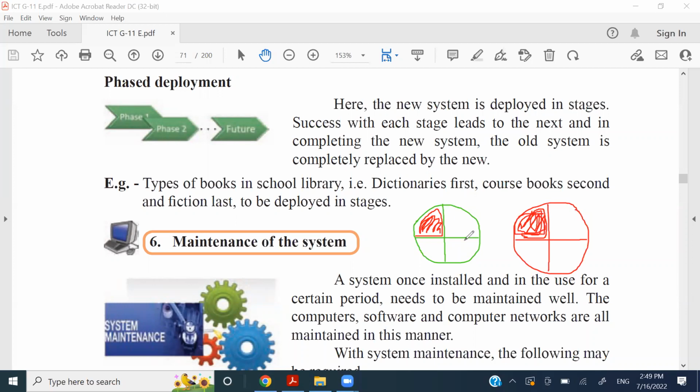The rest of these 3 parts go in the old way, and this part happens in the new way.